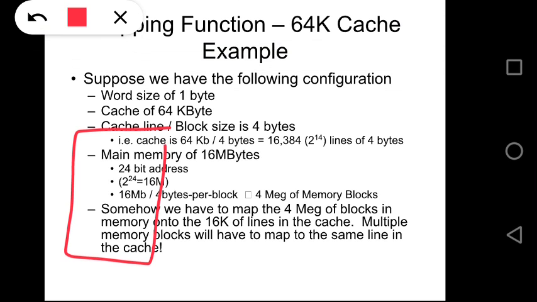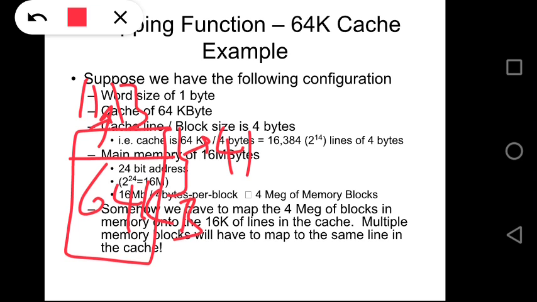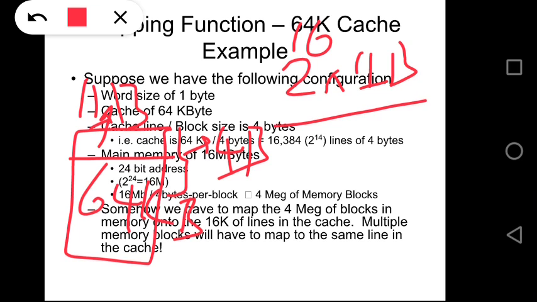So this is my cache memory of 64 KB with 1 byte memory words and 4 byte blocks. Can you guess how many blocks would be present in the cache memory? The total number of words is 2 power 16 bytes into 1 byte. 2 power 16 one-byte word locations are present in the cache, and 4 into 1 byte is 1 block.